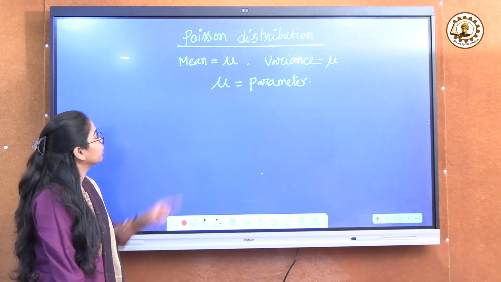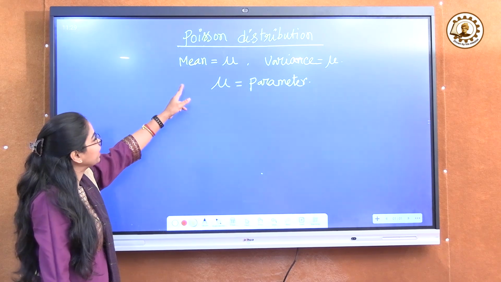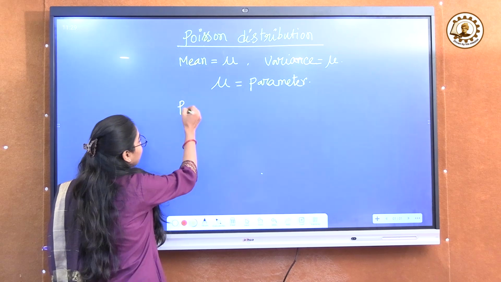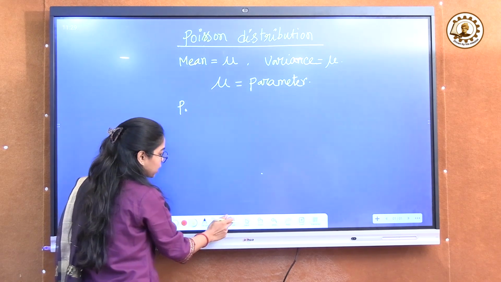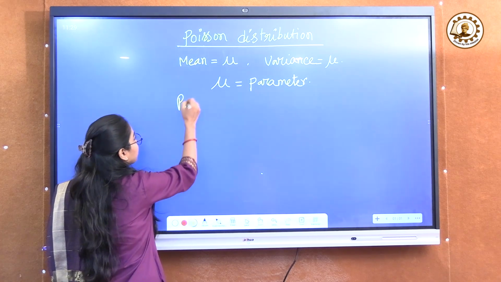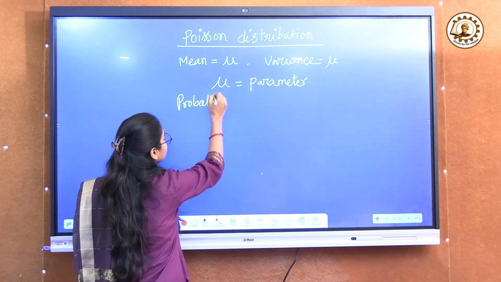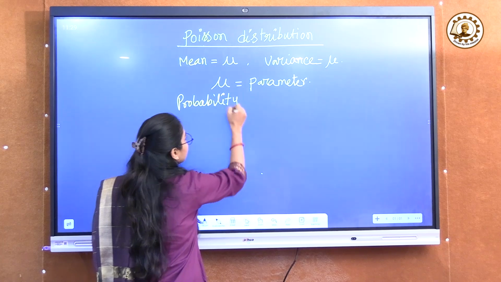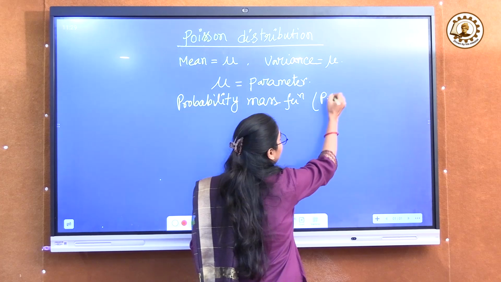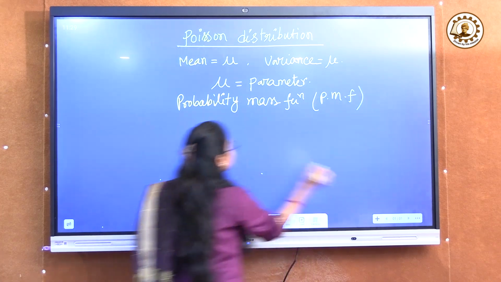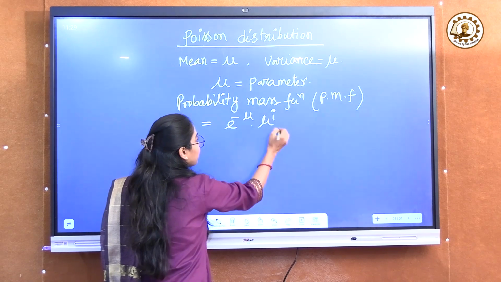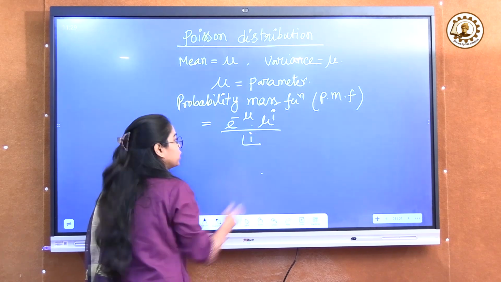Now, to prove that mean and variance are equal to mu, we will take the PMF. PMF means probability mass function. The probability mass function, or PMF, of Poisson distribution is equal to e to the power minus mu, mu to the power i by i factorial.